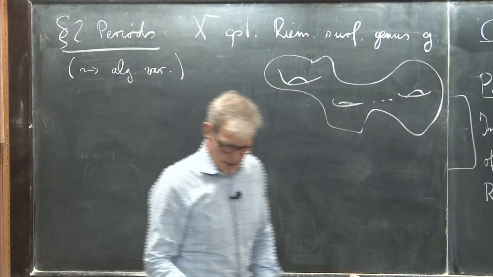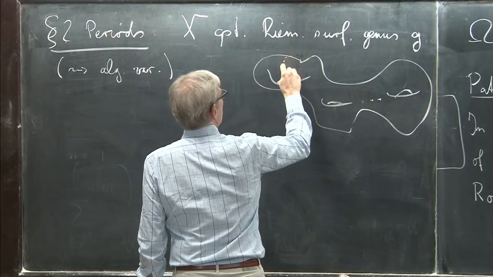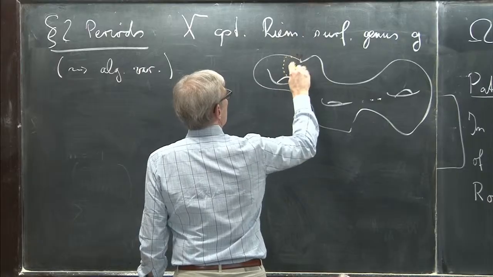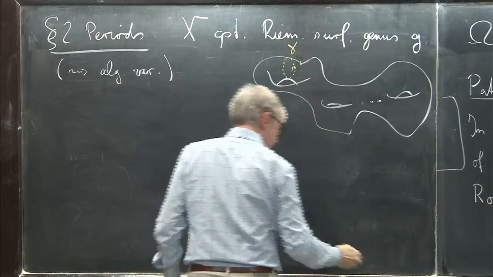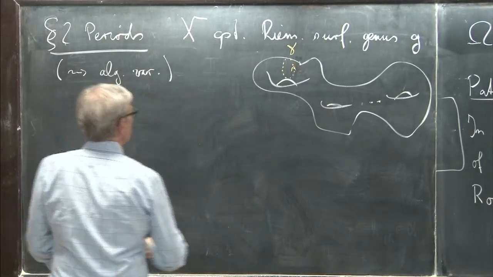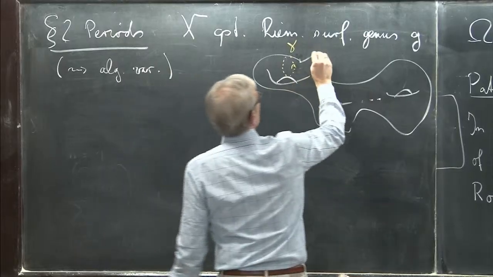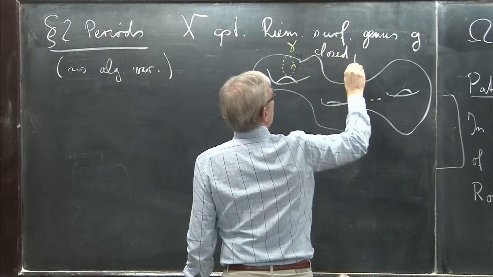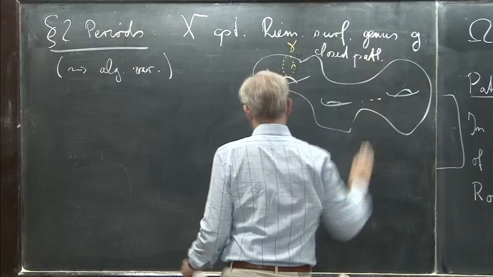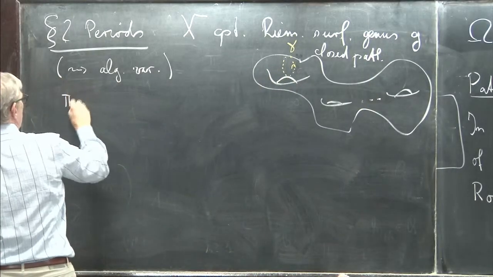And now what we consider is certain paths, gamma, on this Riemann surface. So gamma is a closed path. And then we have the pi1 of x.